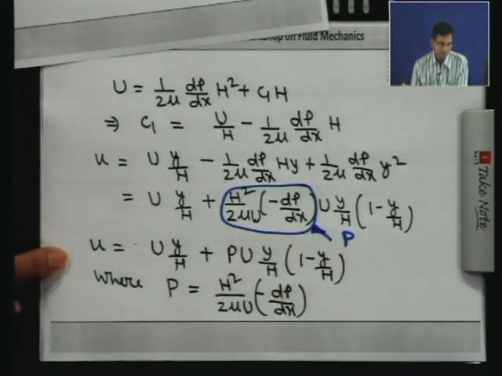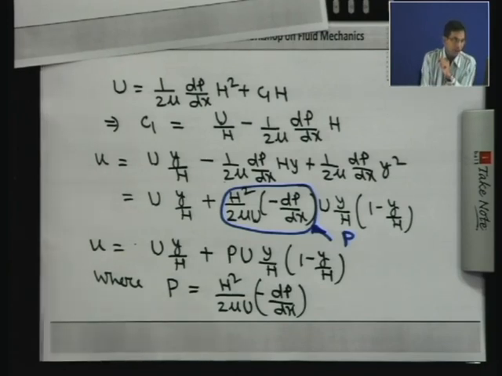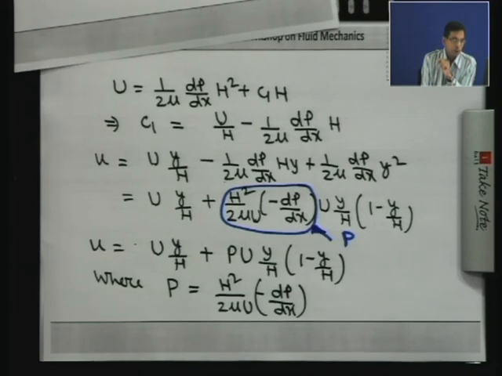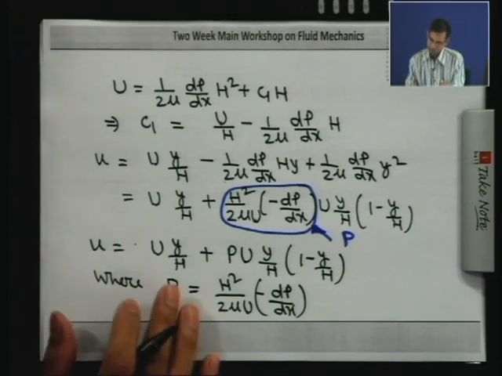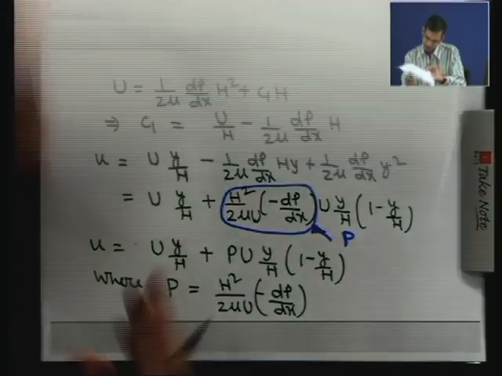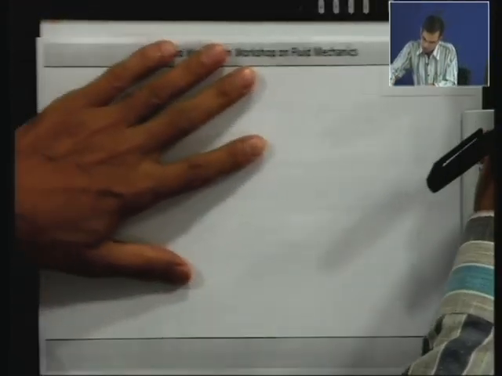Now, the second objective of this problem is to get the location where the velocity is either maximum or minimum, and as you know, for getting maximum or minimum velocity, the velocity profile should have an inflection.